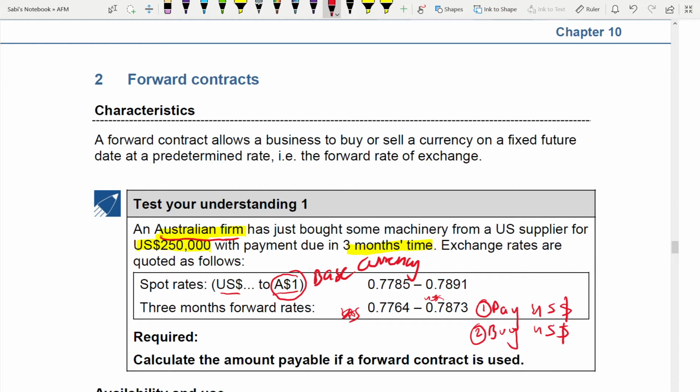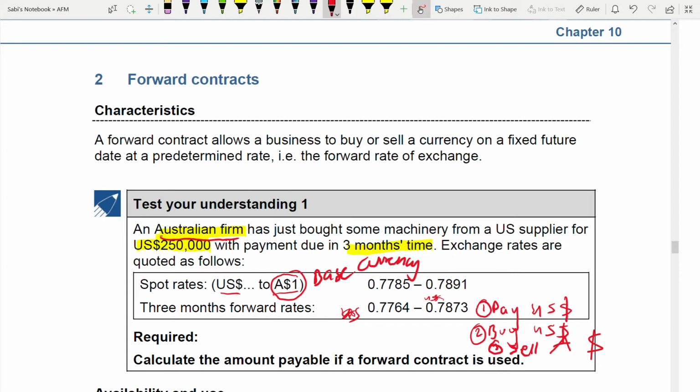Third, you have to buy foreign currency, which means you have to sell your currency to buy that foreign currency, right? So sell Australian dollar.